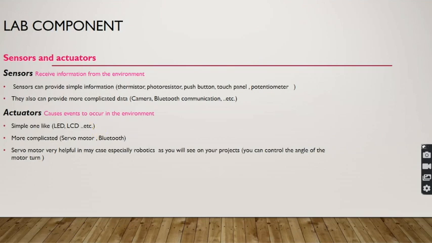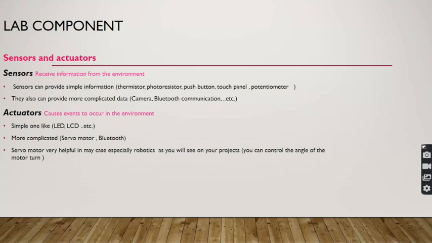So what are the lab components? We will use sensors and actuators. So what are sensors and what are actuators? Well, sensors are used to receive information from the environment.